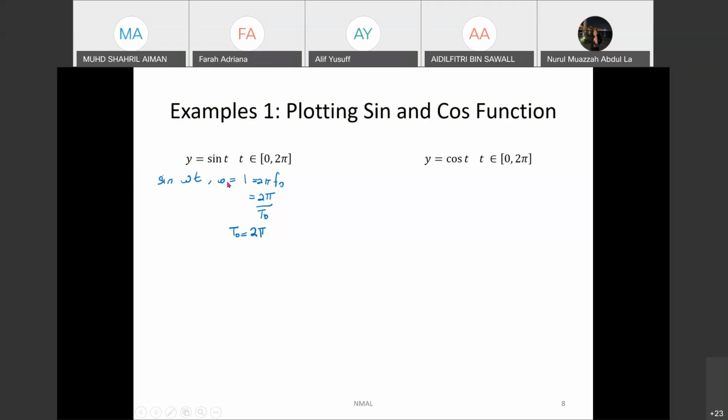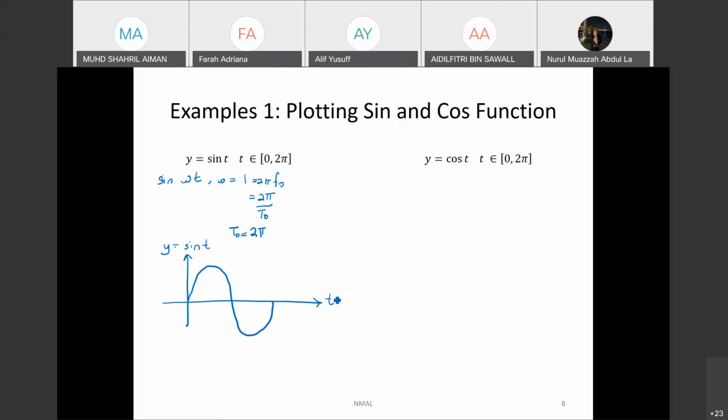And remember also, given here t is a subset of 0 to 2 pi, which means you just need to draw the signal between this time. So this is a sine signal. Remember, the sine signal starts from 0. This is sine t, or you can put y equal to sine t.